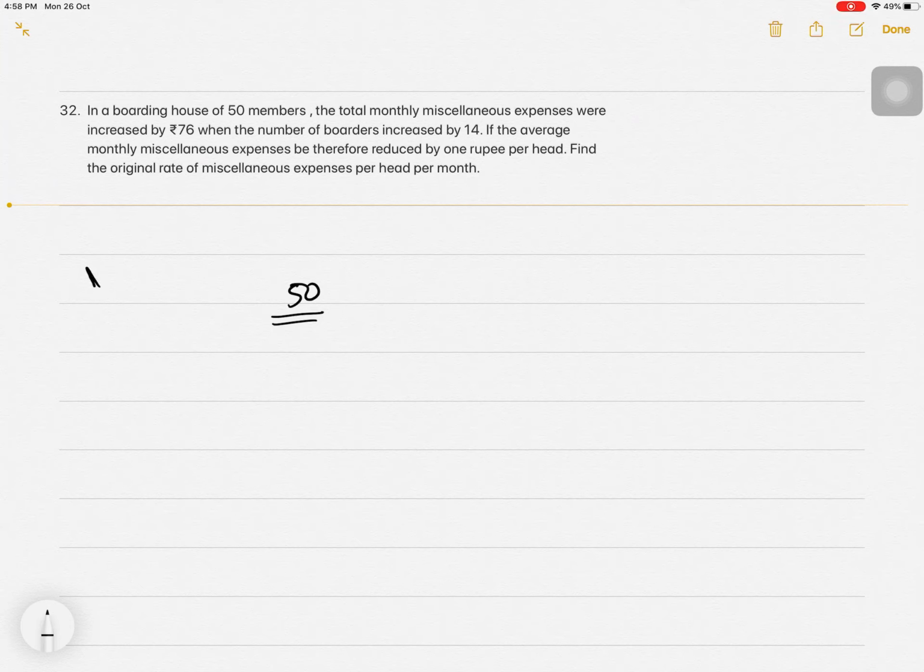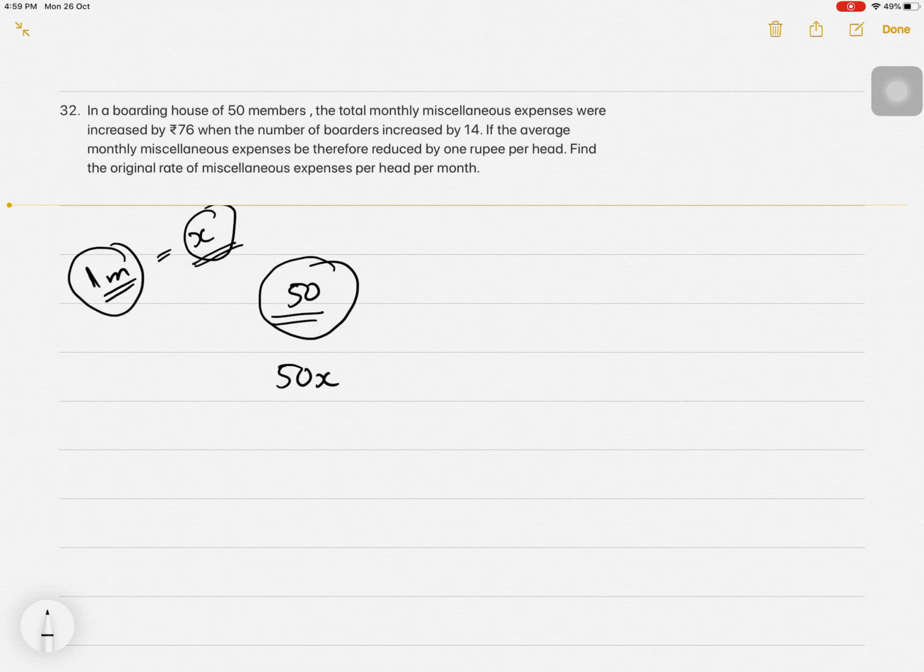Let the expense for one member be X. If the expense for one member is X, then for 50 members, the total expense will be 50X.